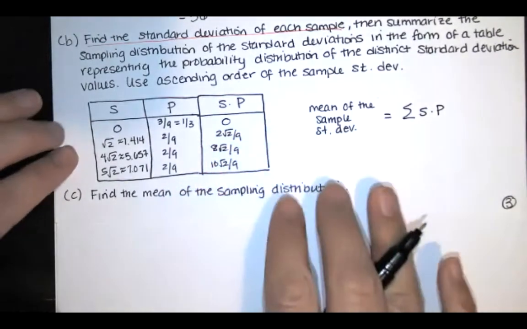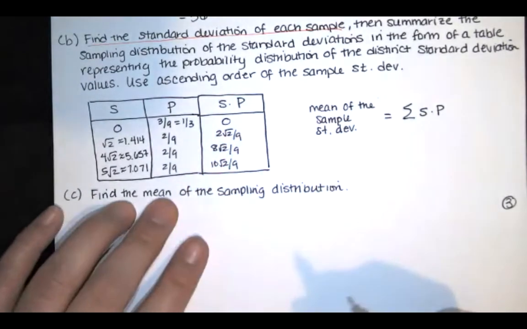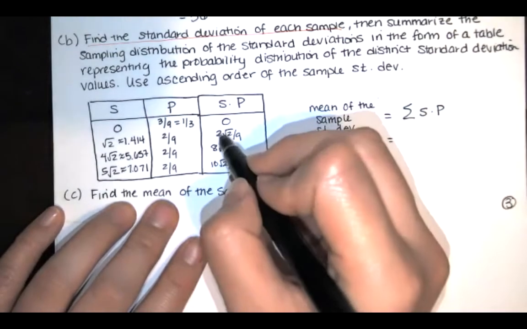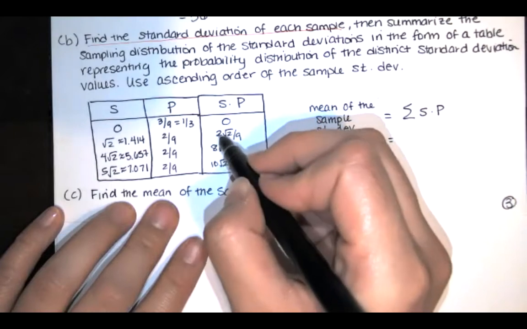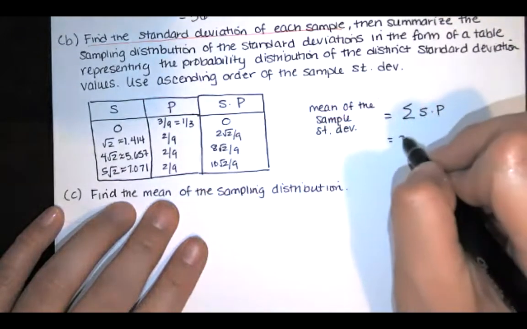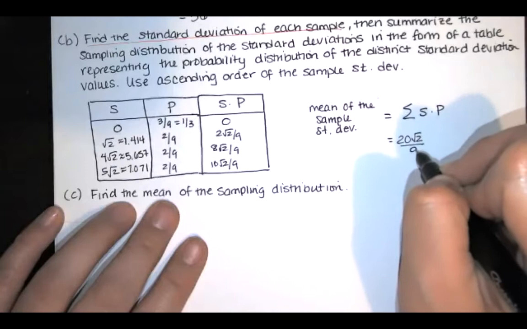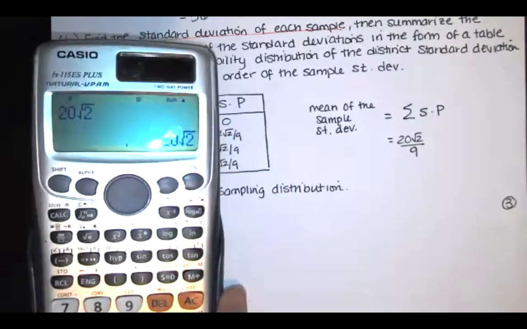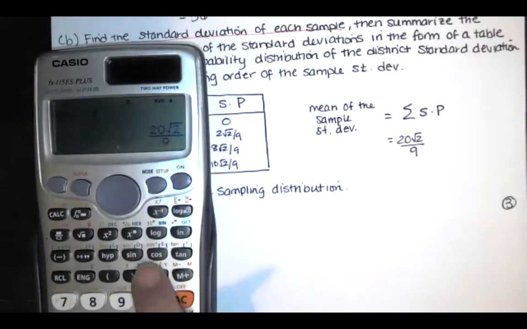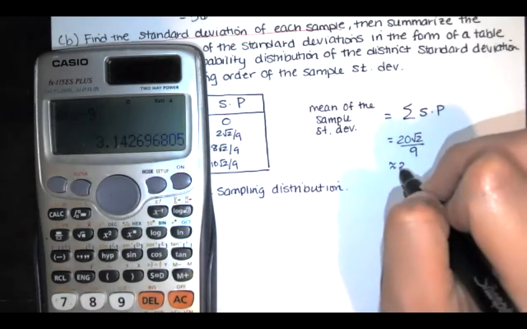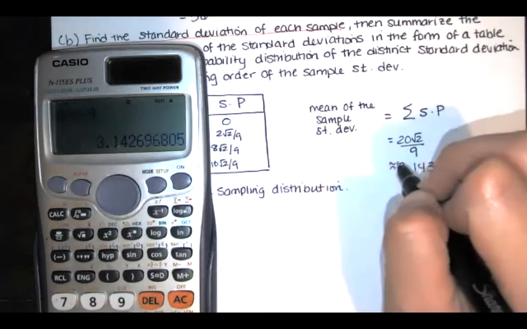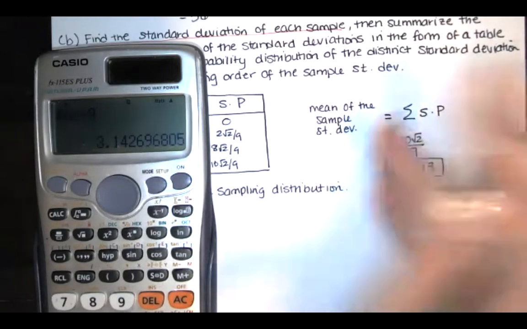And I'm just using those exact values because I want to be more accurate. This plus this plus this. That's going to give me 8 plus 2 is 10. 10 plus 10 is 20. 20 times the square root of 2 over 9. Then we'll divide by 9. And that's approximately 3.143 if I round to 3 decimal places.